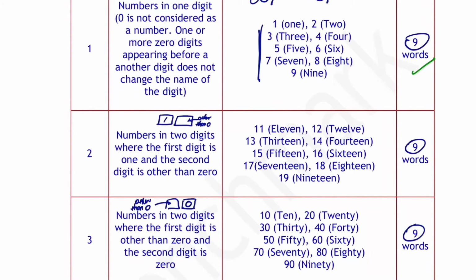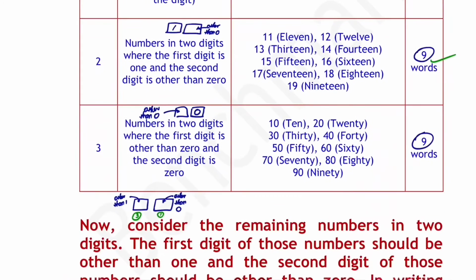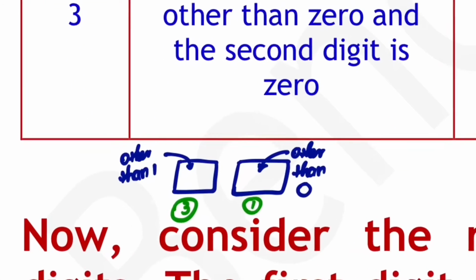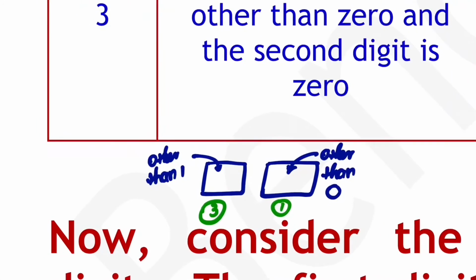When the first digit is 1 and the second digit is other than 0, we have 9 more words in this category. And when the first digit is other than 0 and the second digit is 0, we have 9 more words in that category. And in the third subcategory, where the first digit is other than 1 and the second digit is other than 0, we do not use any more words.